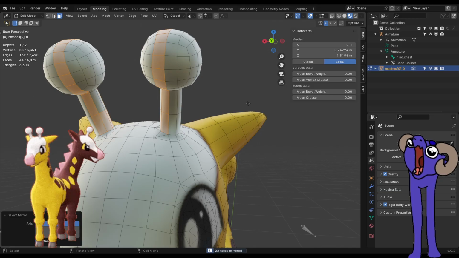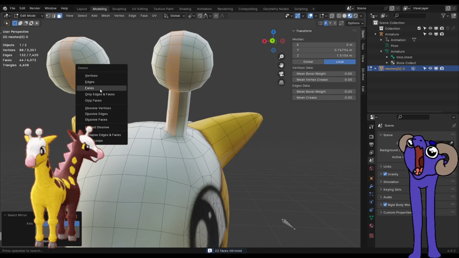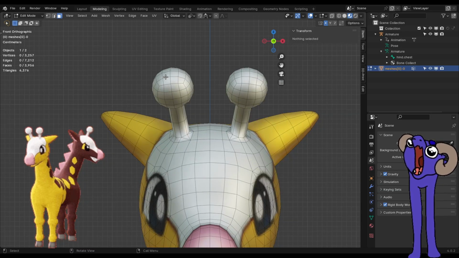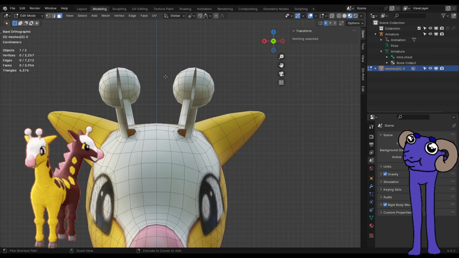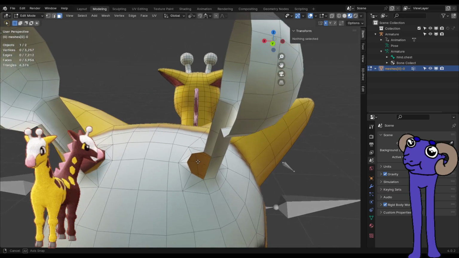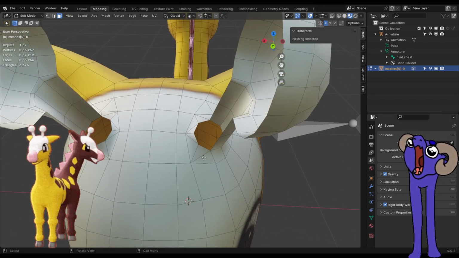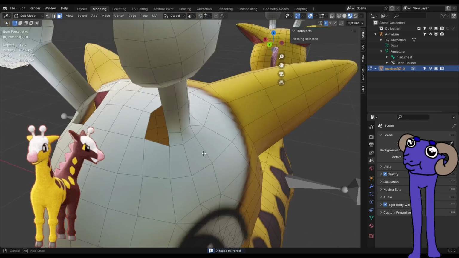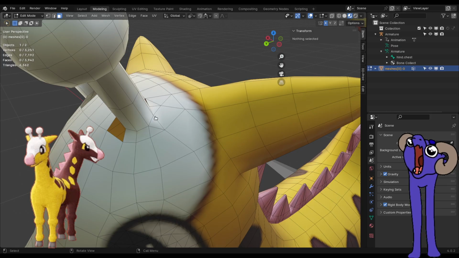Select on the mirror, extend, and delete these faces, and delete these faces. Okay, so what I'm going to do is... Oh, did the music end?